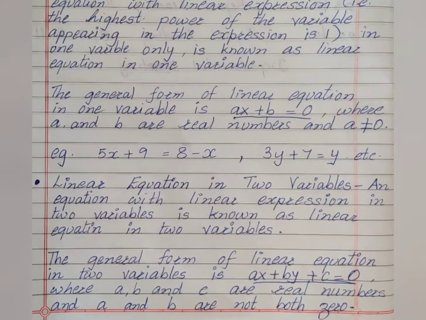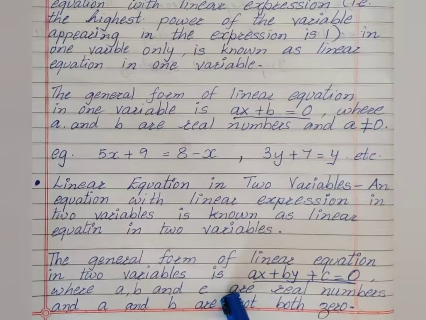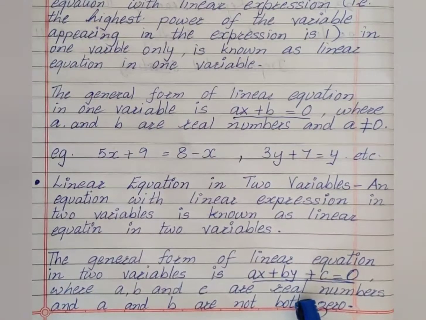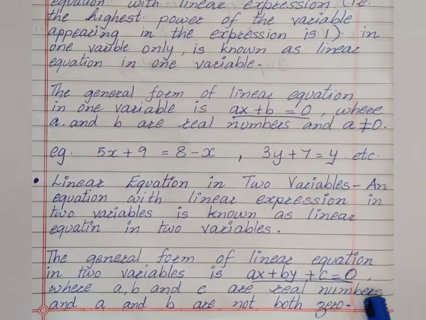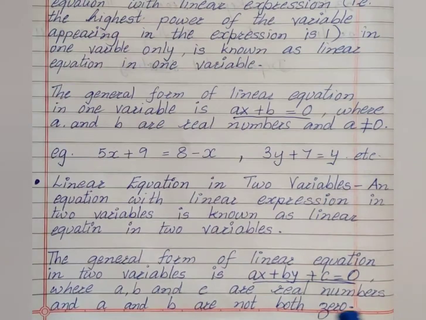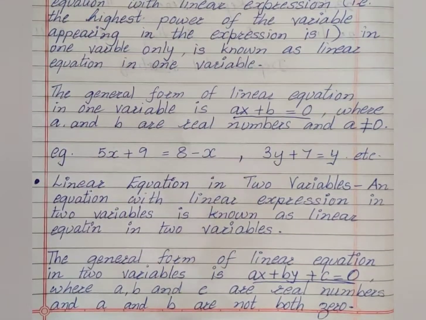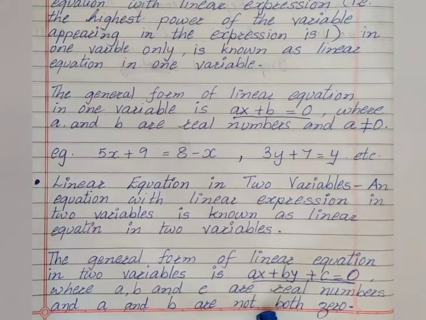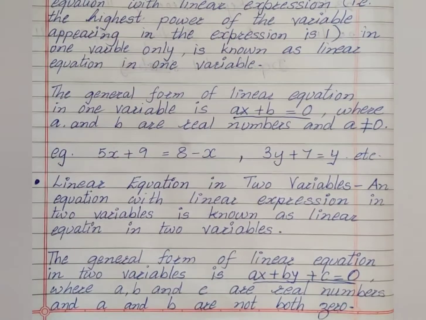In other words, you can say the general form of linear equation in two variables is ax plus by plus c equal to 0, where a, b and c are real numbers and a and b are not both 0.